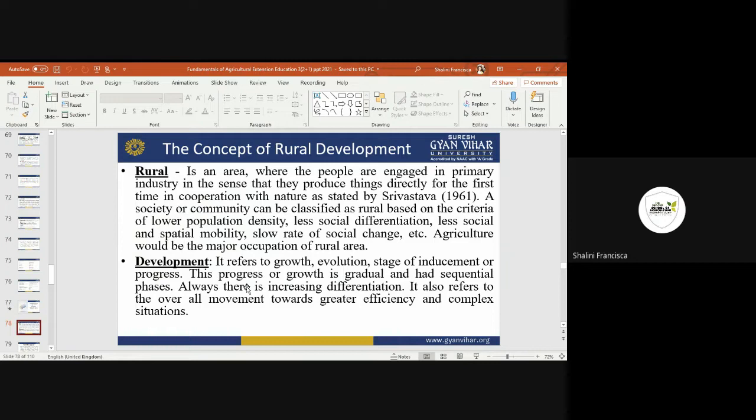This definition by Srivastava in 1961 explains a lot about rural life, and is nowadays also very much true and valid.